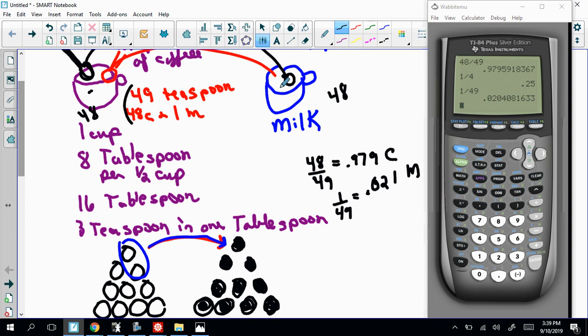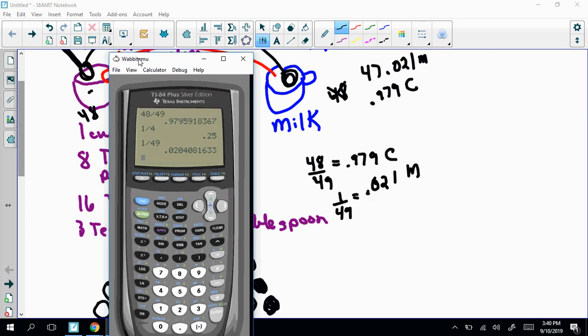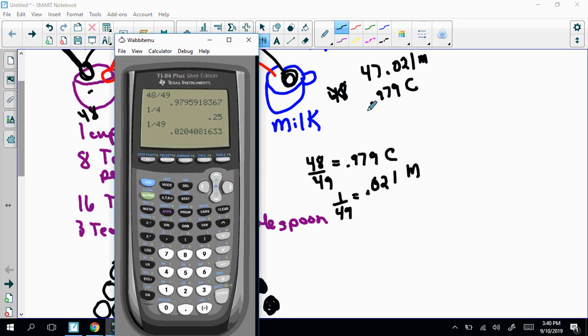So we're going to add this to the 47 teaspoons of milk. So when you bring it back, there'll be 47.021 parts milk, and it'll be 0.979 parts coffee. And the two add to 48.